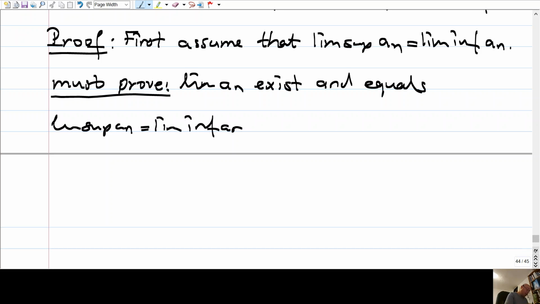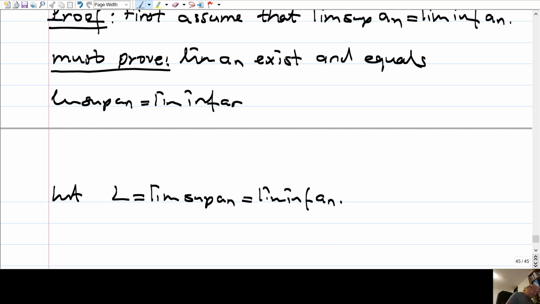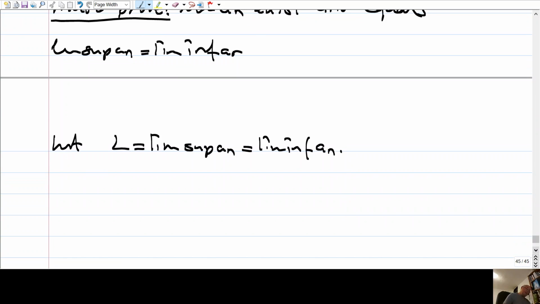Okay, now why is this the case? Well, let L be this common value, lim sup an, which is also lim inf an. We of course have the following. What was Bn? Bn was the supremum of an, an plus 1, and so on.